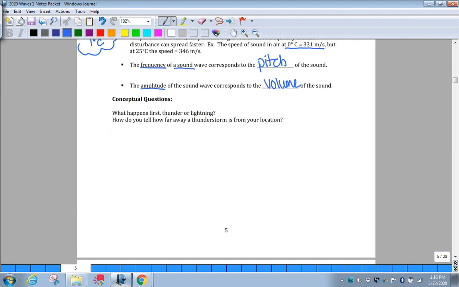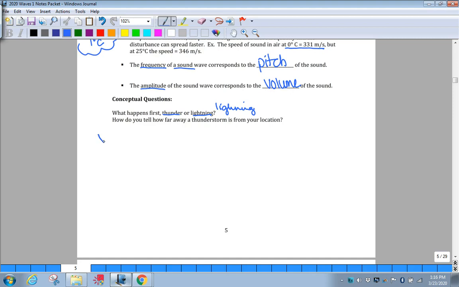What happens first, the thunder or the lightning? How can you tell how far a thunderstorm is from your current location? We also talk about this. You should know that you always see the lightning first.